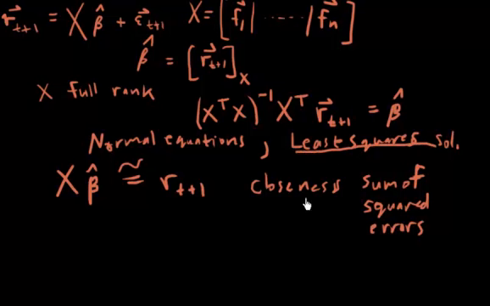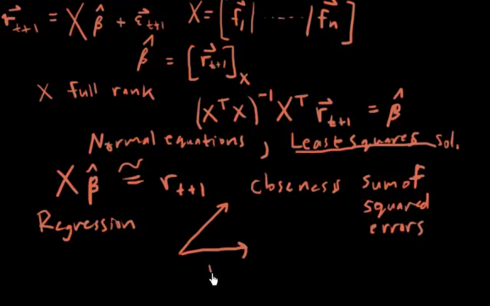And this is performed by regression. The main idea of regression is you're orthogonally projecting downward. So you might have a vector u and a vector v, and what I'd like to do is project v onto u. This vector here is known as the projection of v onto u.